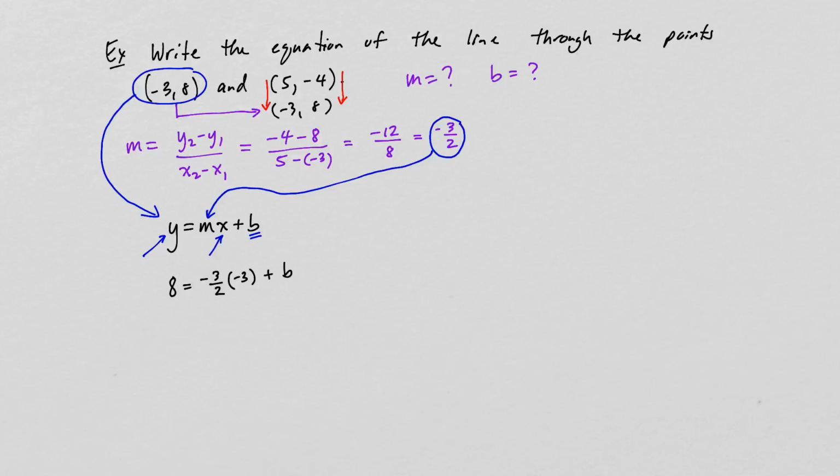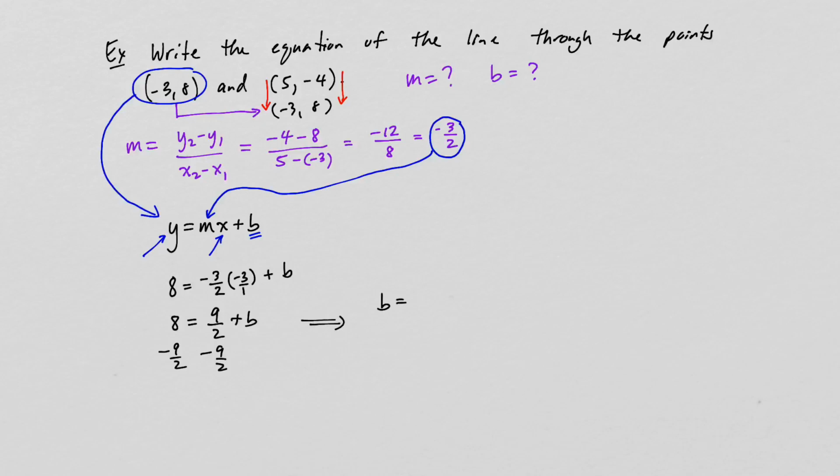Now we need to do the math. So this is 8 equals, now remember, -3 over 2 times -3, we can put over 1 here. So that gives us +9 over +2, just multiplying straight across, plus b. And now to solve for b, we have to subtract 9 over 2 from both sides.